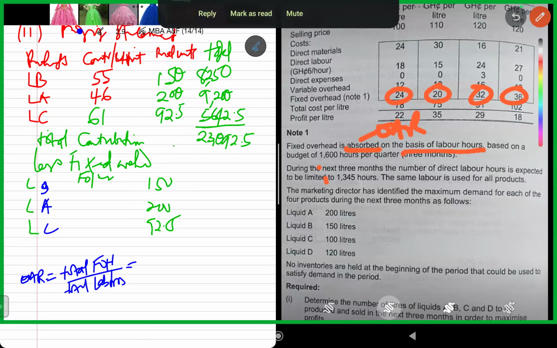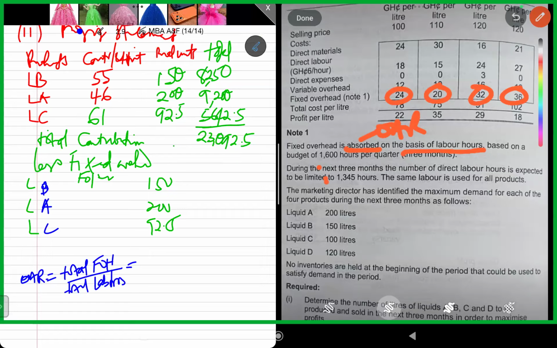What do we have? 300. Multiply 24 by 200: 4,800. Multiply liquid C: 32 by 92.5, which is 22,960.